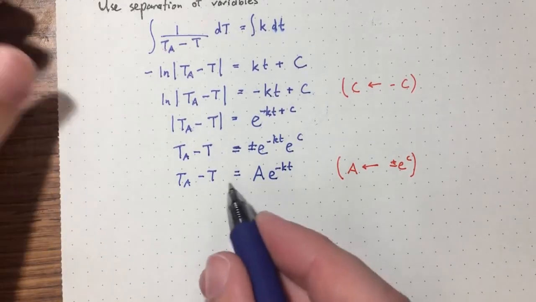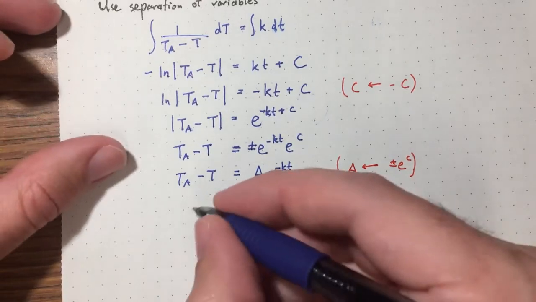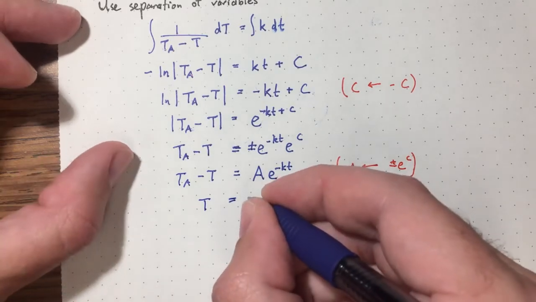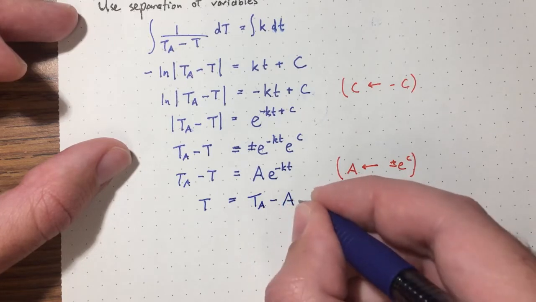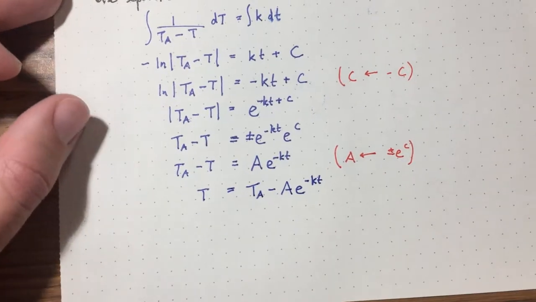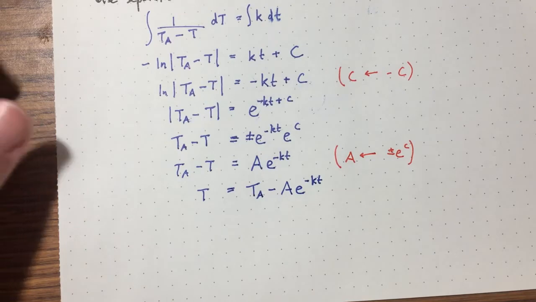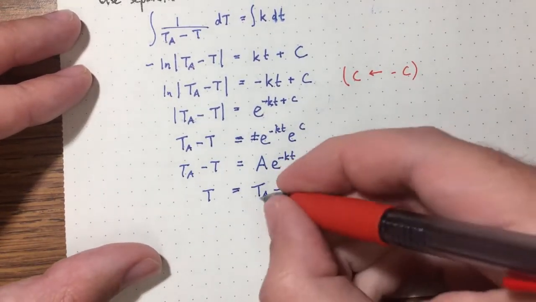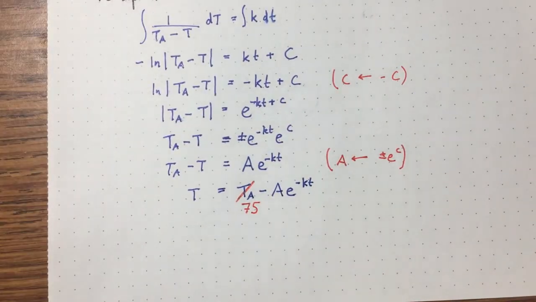And finally, let's solve for capital T. So we get capital T equals T_A minus A times e to the negative kt. And in our example, this is the number 75. So 75 minus A times e to the negative kt.